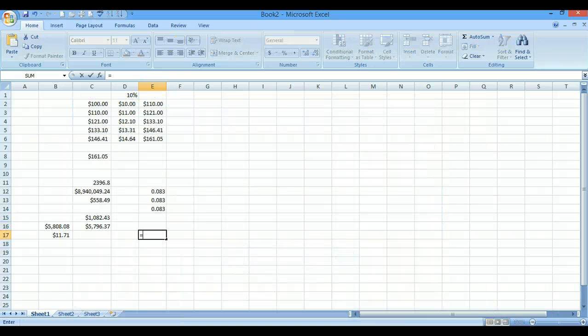This is a different one, so I'm going to leave some space. Copy and paste, Control V. Make sure you put a multiplication sign or it won't calculate it. Press enter.